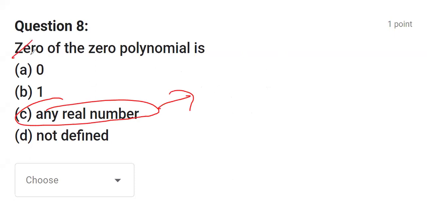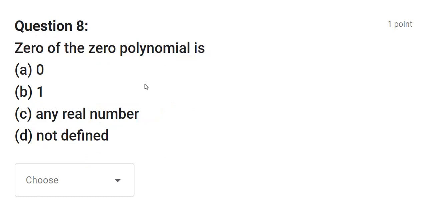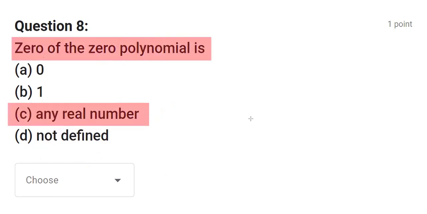If it is the degree of a zero polynomial, then it is not defined. But over here we have to find the zero of a zero polynomial, which is any real number.